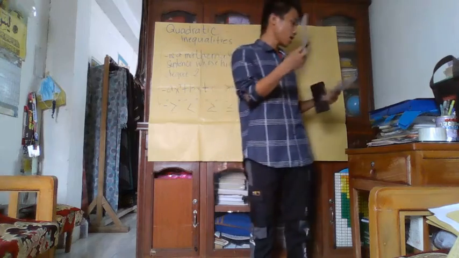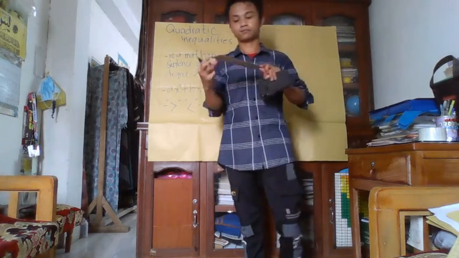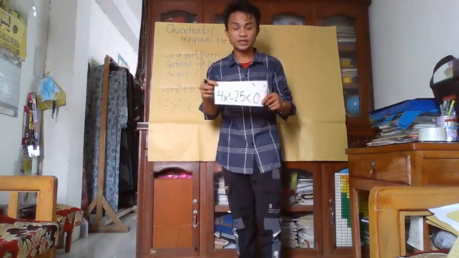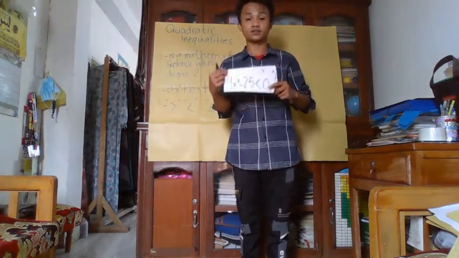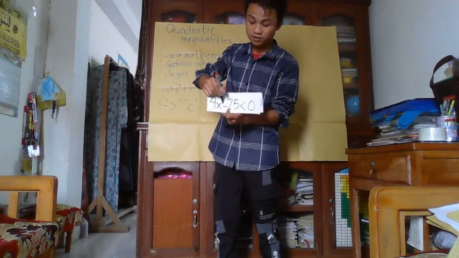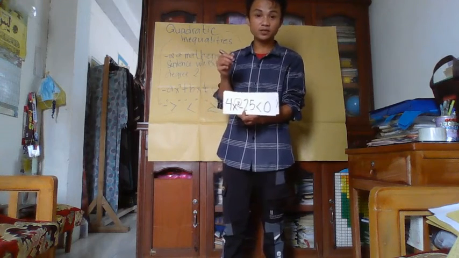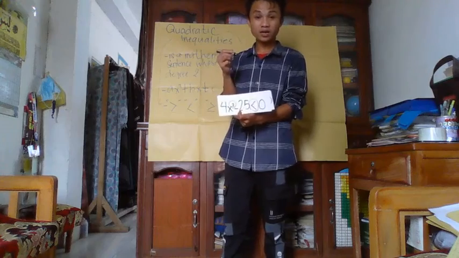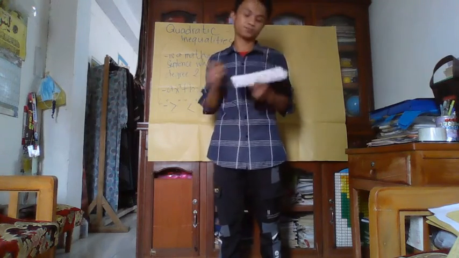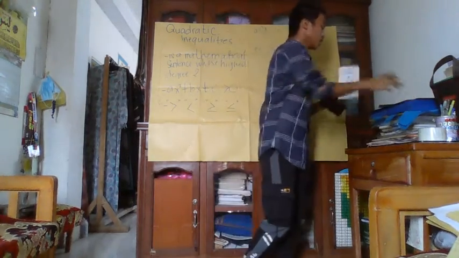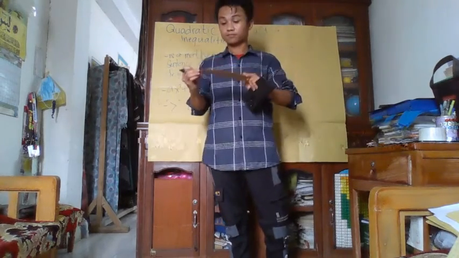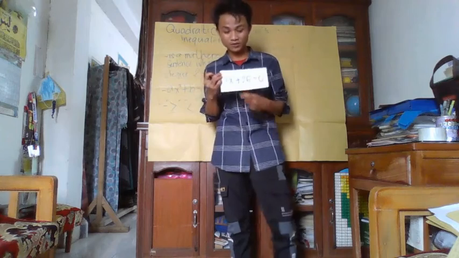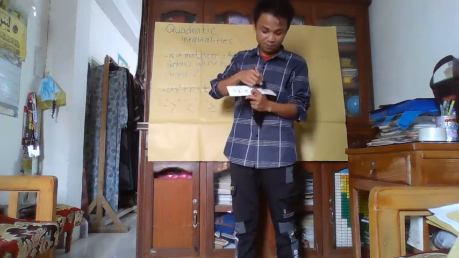Another one is this. Is this a quadratic inequality? Yes, because of the degree of 2 and the symbol of less than. So, class, is this a quadratic inequality? No, because of the symbol.